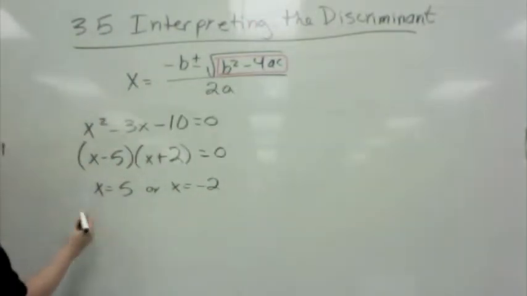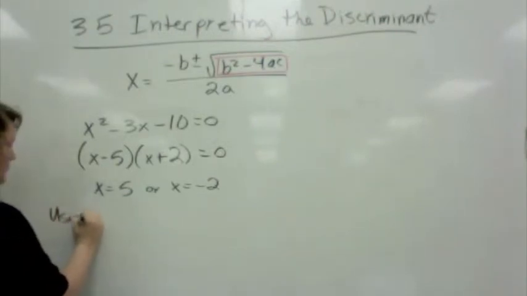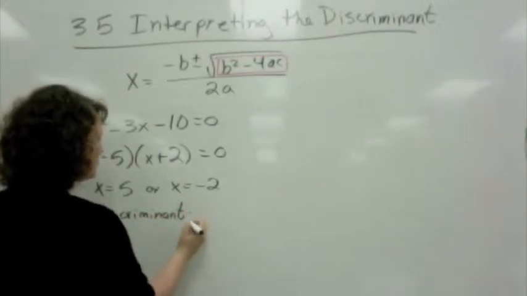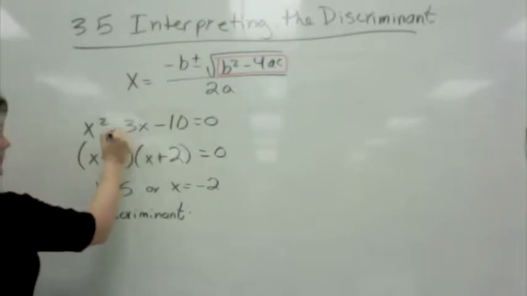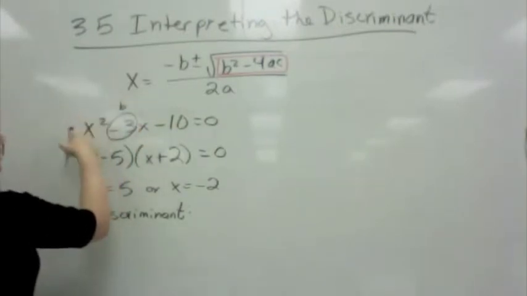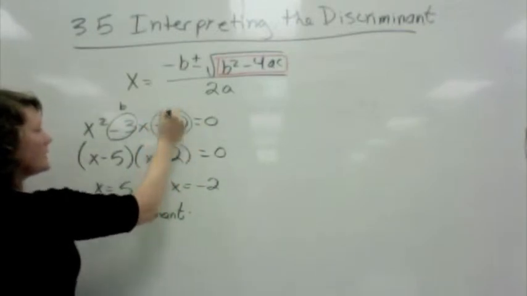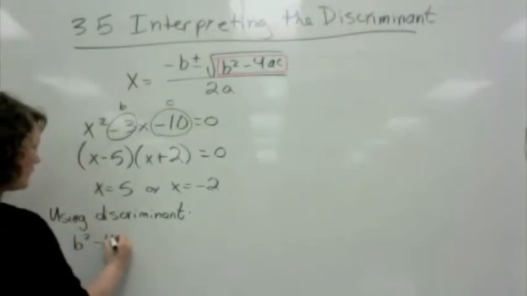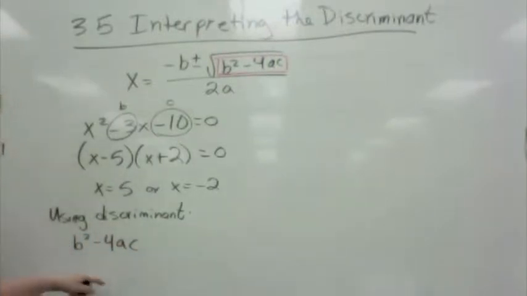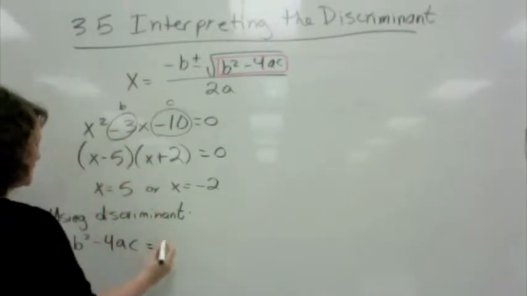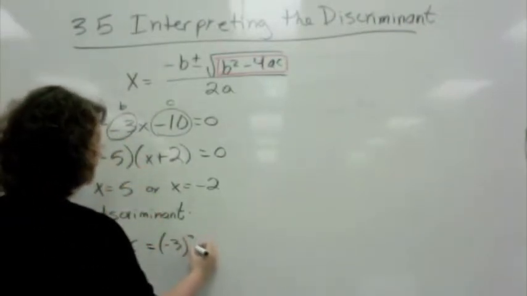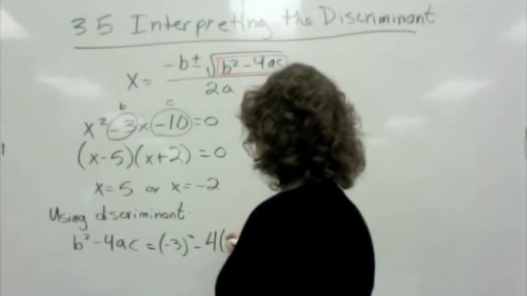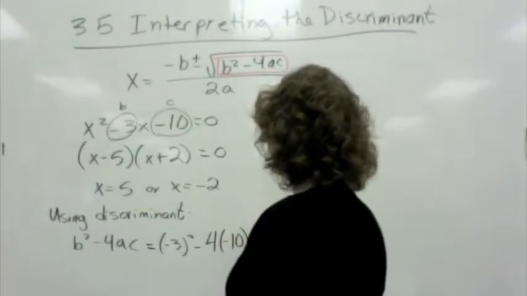So if I were to use the discriminant, I would say this is our b, our a is 1, and this is our c. So b squared minus 4ac, because that's the discriminant, in this scenario equals negative 3 squared minus 4 times negative 10 times 1.